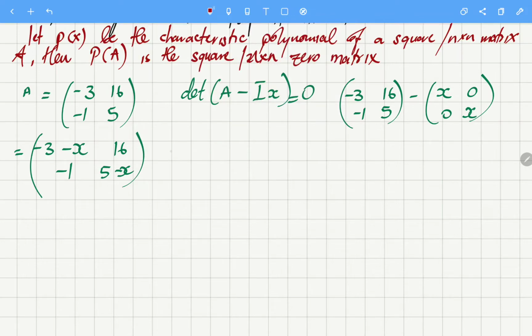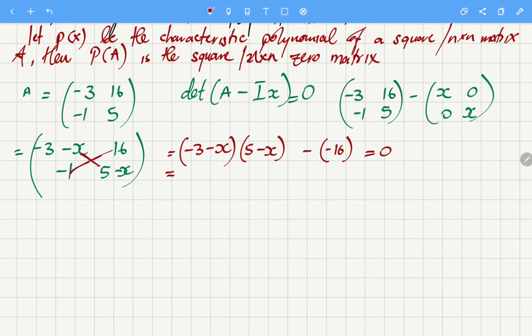And then further simplifying. What I'm going to do now is multiply these diagonals, and then subtract this diagonal from this diagonal. So (-3 - x)(5 - x), which is equal to 0.